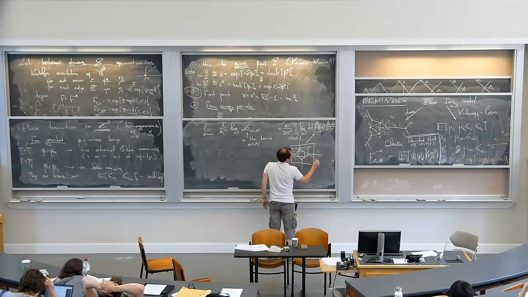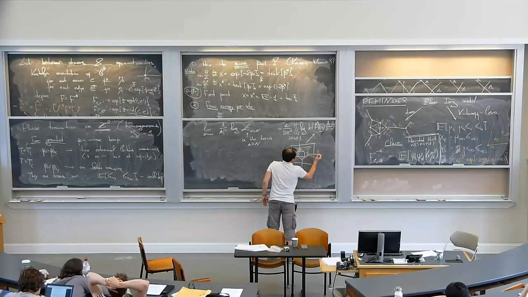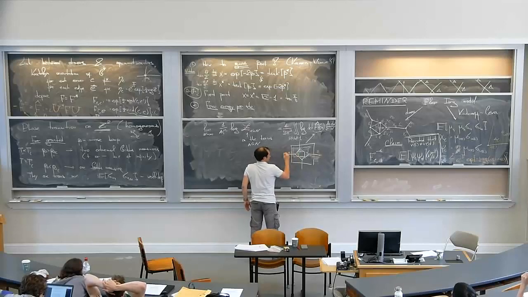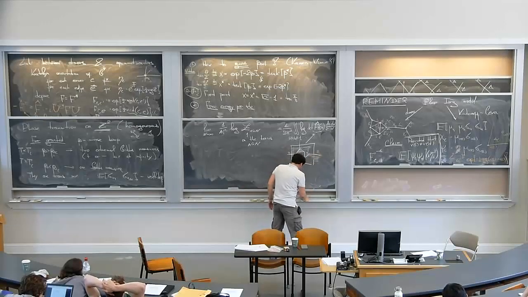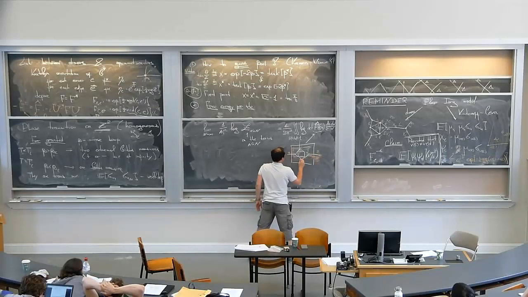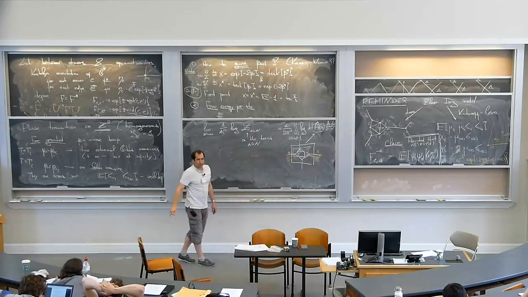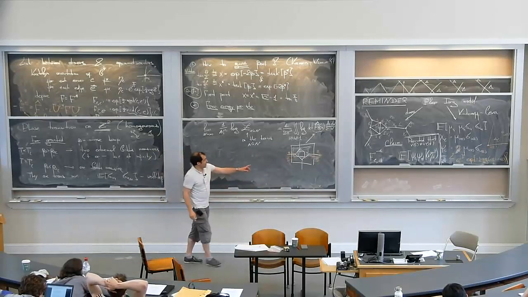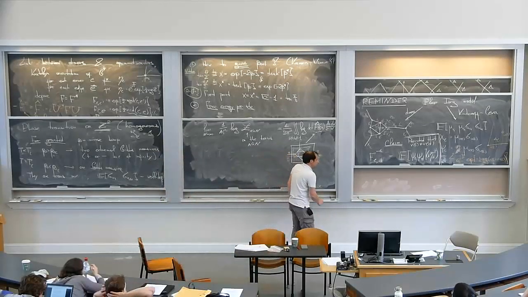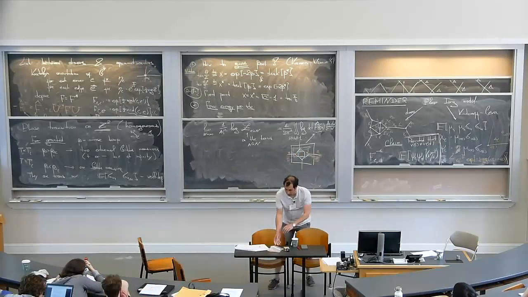When I go the other way around, so this is this edge, this edge is z, and when I go the other way around, then I put 1 over z. Red is not visible, right? Okay, red is 1 over z. And I do the same in the other direction, with w and 1 over w.